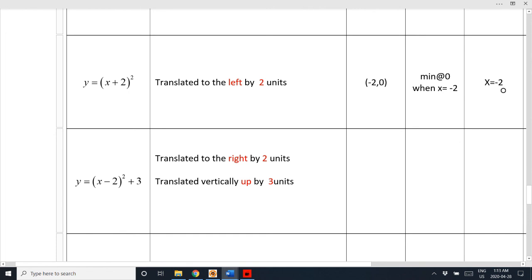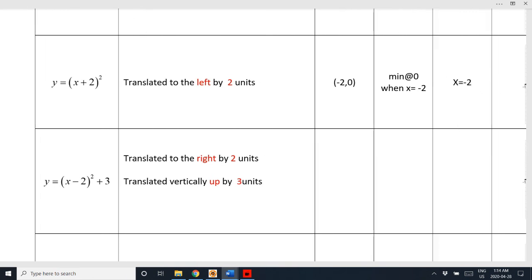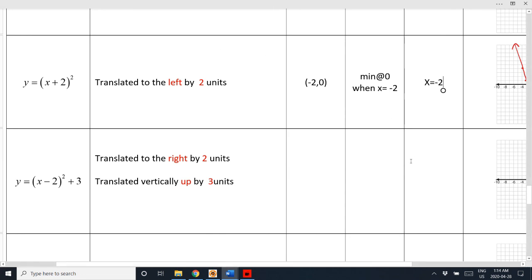Here we have the graph translated 2 units to the right and then 3 units up. Okay, so we know our h and k in this case are 2 and 3. So h is equal to 2, k is equal to 3. It's still going to be a minimum value.